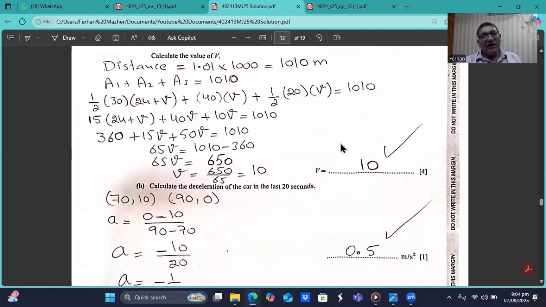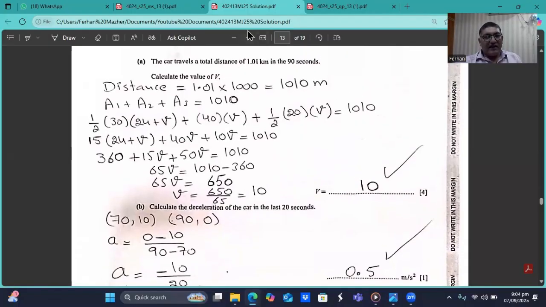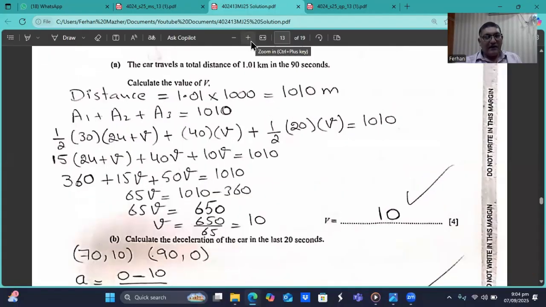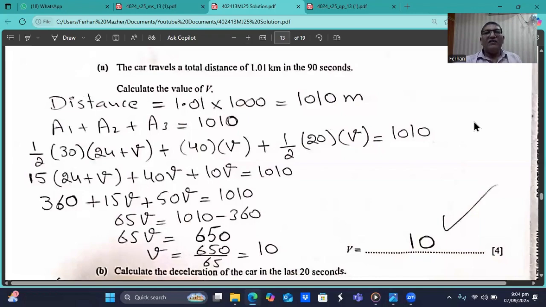So area 1, area 2 and area 3. Area 1 plus area 2 plus area 3 equals 1010. That is the total distance traveled. The area under the speed time graph is equal to the total distance traveled.